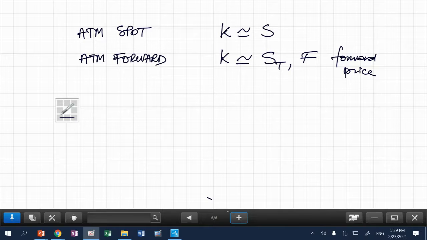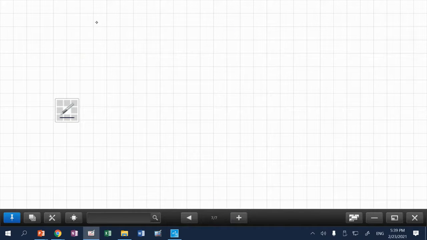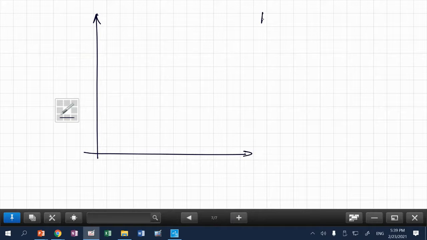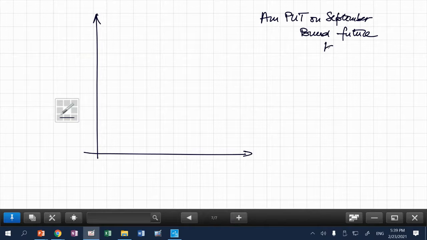All right. Now, quickly, what happens with the put option? Super simple. Imagine you have an American put on the September Bund future. Imagine with a strike of 135.